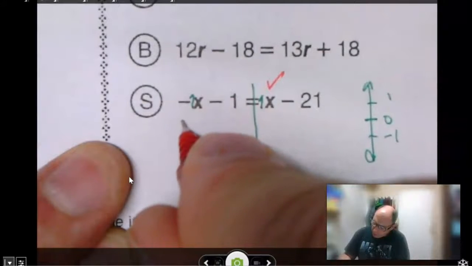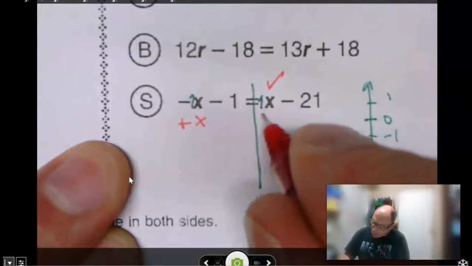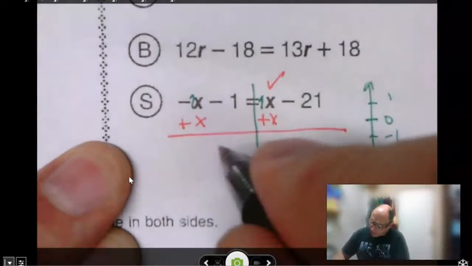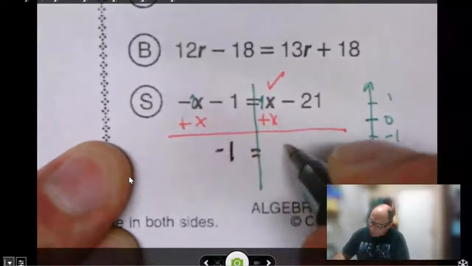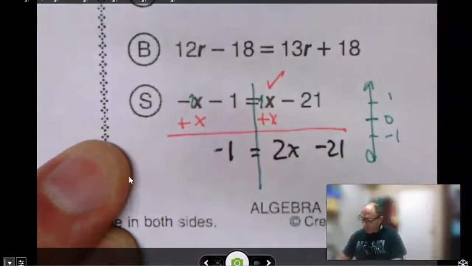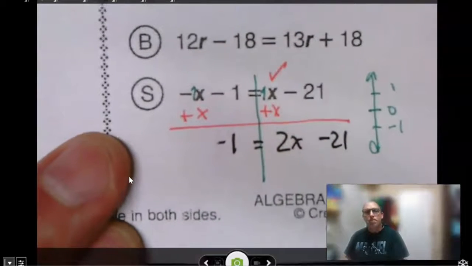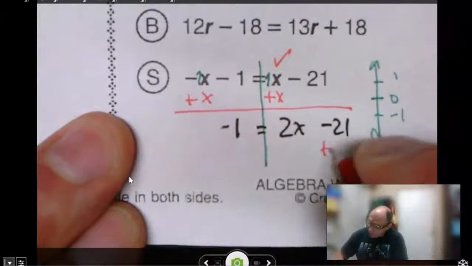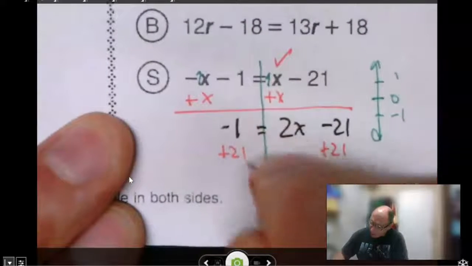So the 0 pair is I'm adding 1x to each side. And what I'll end up getting is a negative 1 equals 2x and a negative 21. Now I've got the constant that I have to get rid of with a 0 pair, plus 21 to both sides.